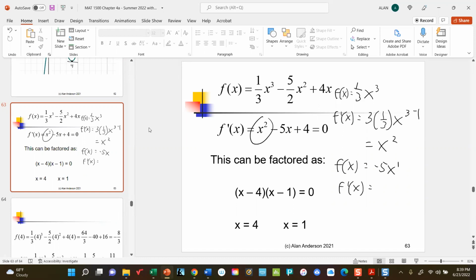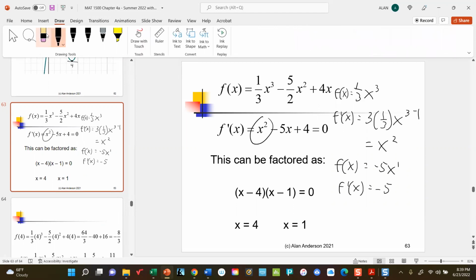Now here, remember, there's an implied exponent of 1. So what we actually have is 1 times -5, x to the 1 minus 1, or you just end up with -5.